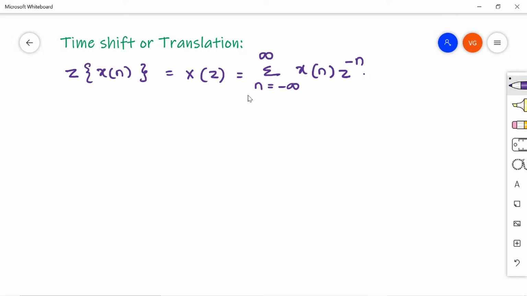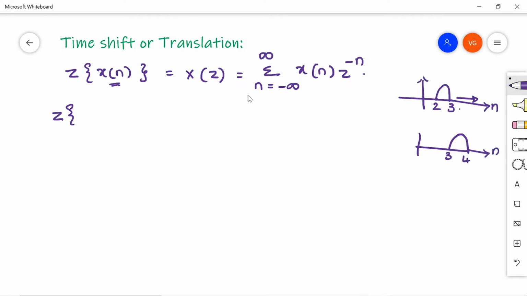Right, now suppose this x of n is shifted maybe towards your left side or right side. Suppose this is my signal, extended from 2 to 3. Now the same signal I have just shifted from 3 to 4. This is the meaning of time shift. This is n, right? This is x of n.